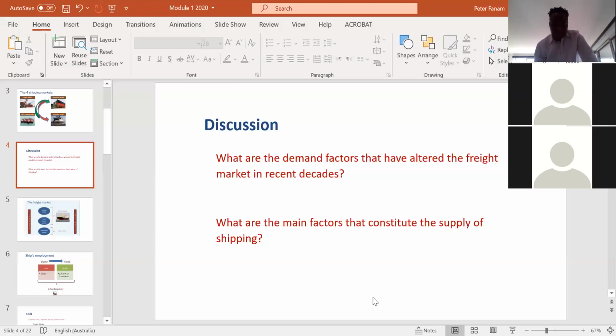More recently, the freight wars between America and China have impacted the freight market, not only for those two countries, but globally, because they are two countries that are quite high in their exports. That's true. And then our third point for that one was increased vessel capacity. As ships have gotten bigger, things like economies of scale have come into play for the freight market.